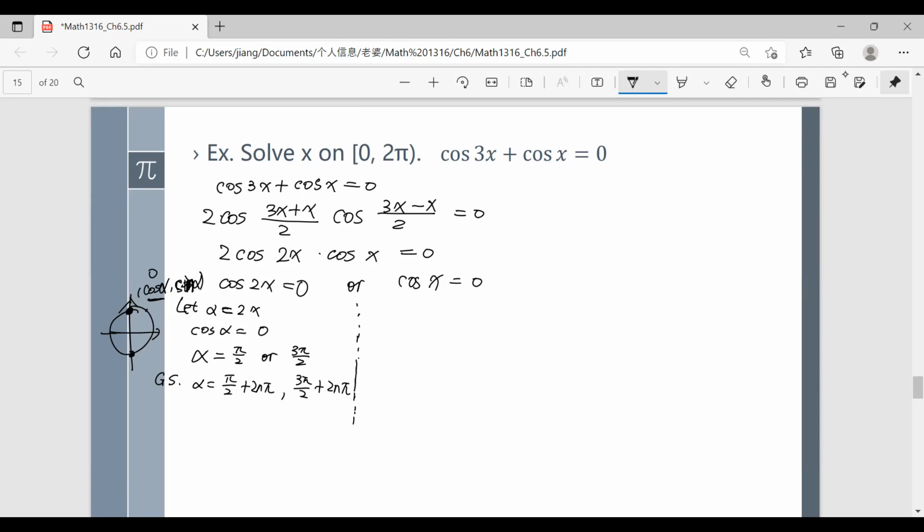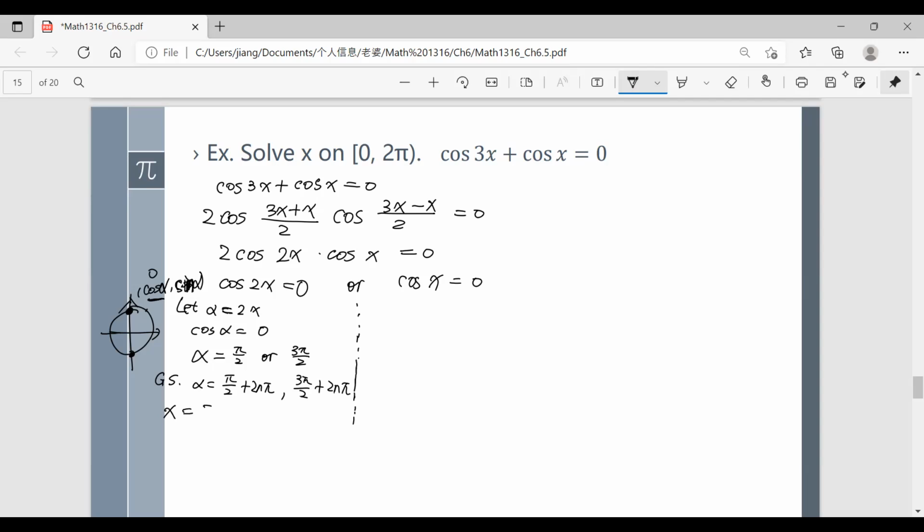This is alpha, this is not x, this is 2x. So since alpha is 2x, x equals all of these terms divided by 2.